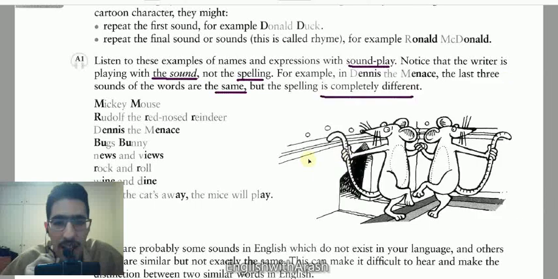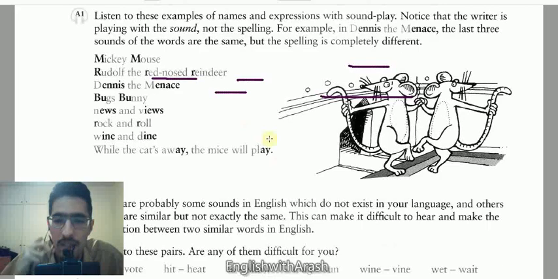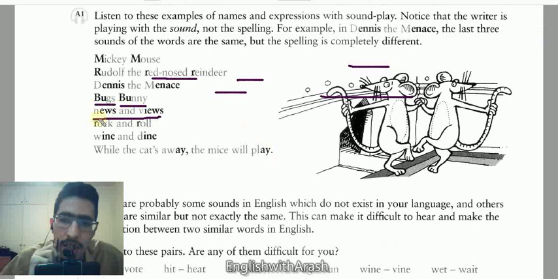So here you had some examples of using the sounds that go well together, or playing with the sounds like Bugs Bunny. This one, for example, in British they go together, news and views, whereas in American they don't go together.